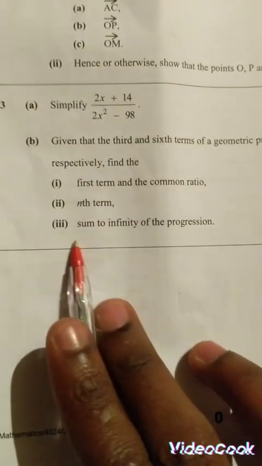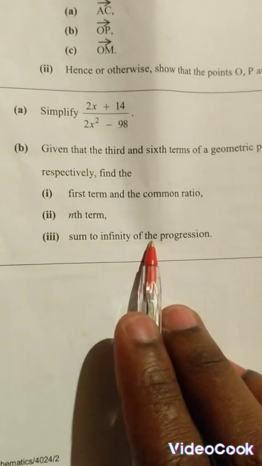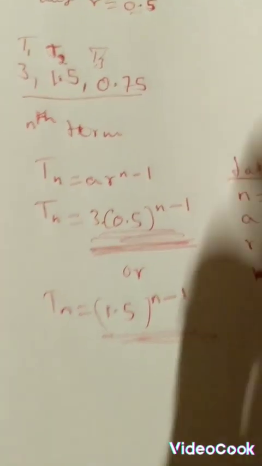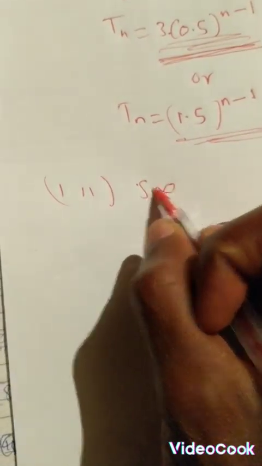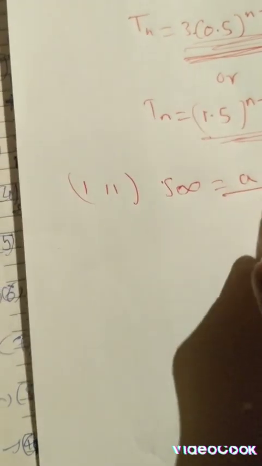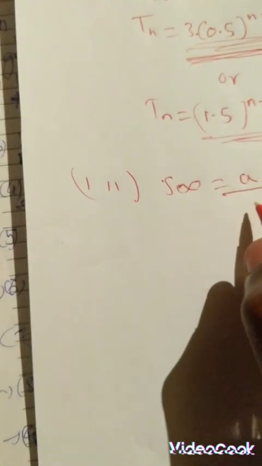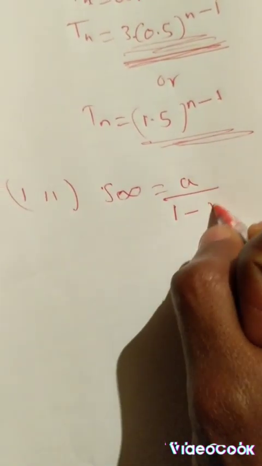The last one, what are they saying? We've been told to find the sum to infinity of the geometric progression. The formulas are given on the formula bar. So for question number 3, you introduce your formula: sum to infinity is equal to the first term over 1 minus r.